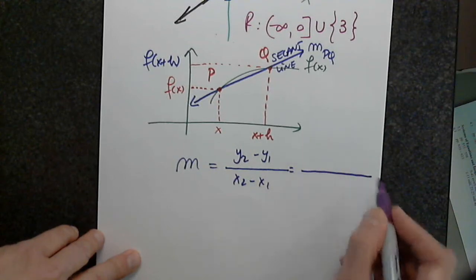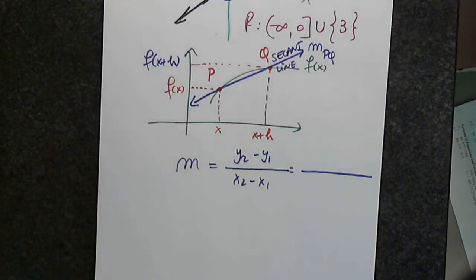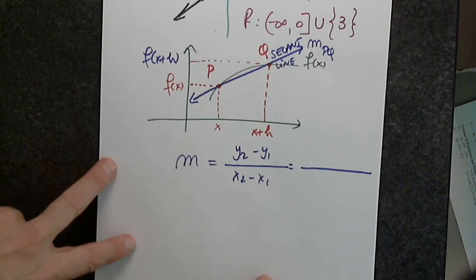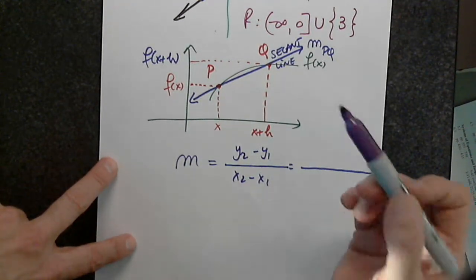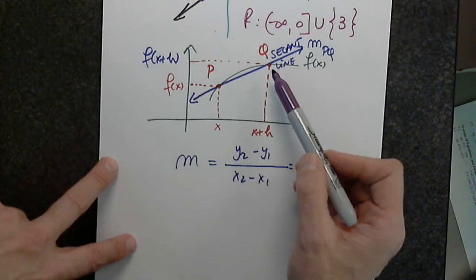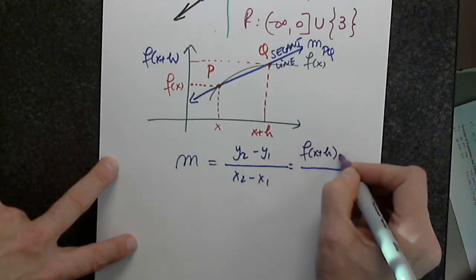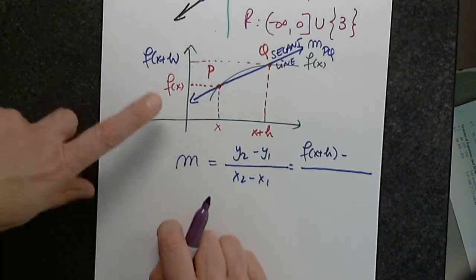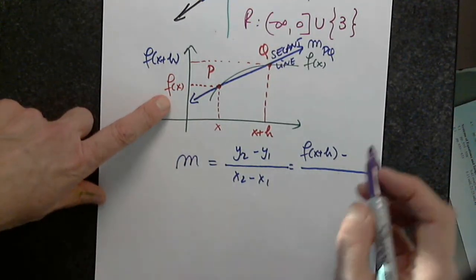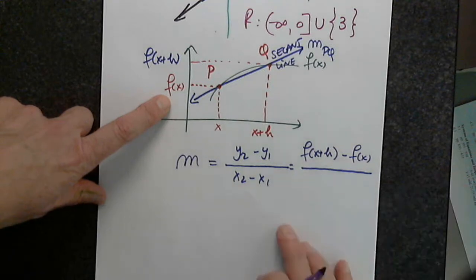For our particular example, can anyone give us y2? Y2 is f of x plus h. Awesome. Minus, no, this is y1. Very good.